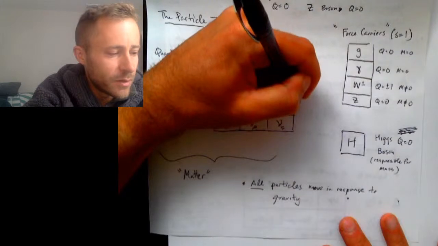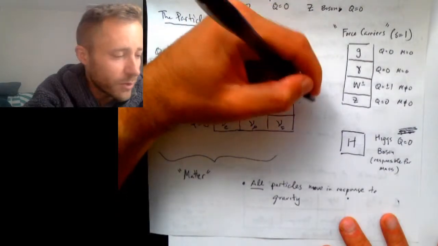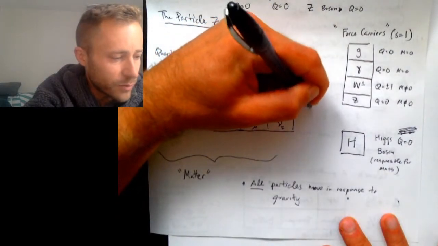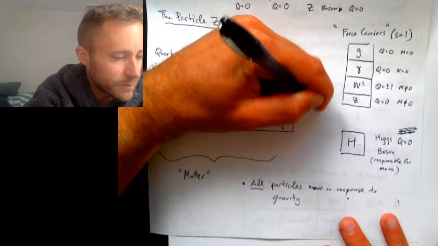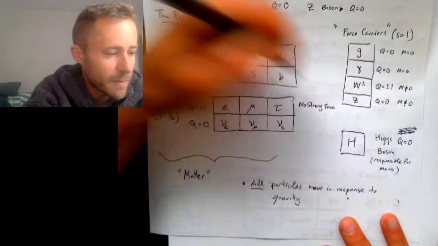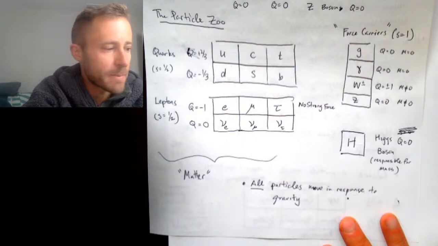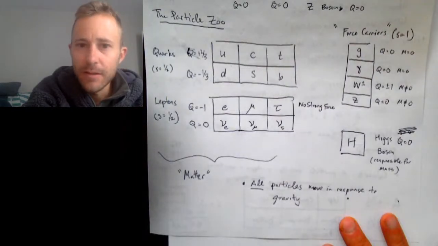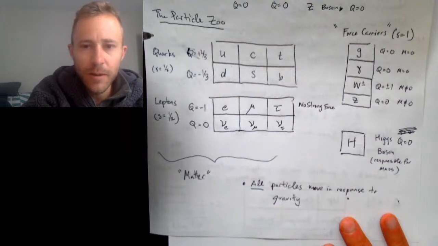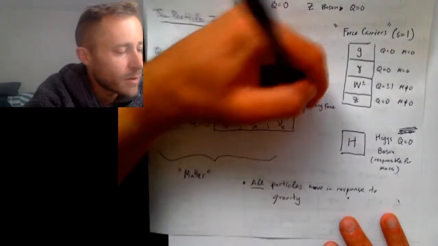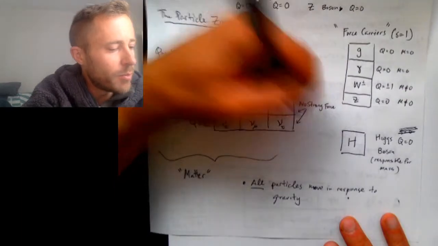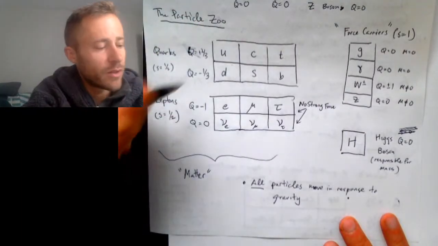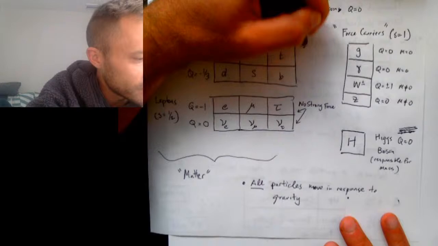The leptons don't do the strong force. No strong force. But the quarks, they do the strong force.